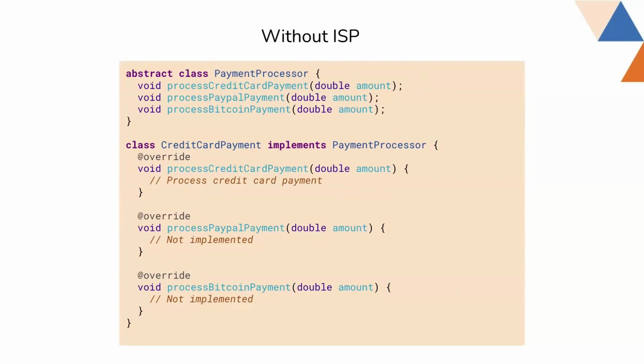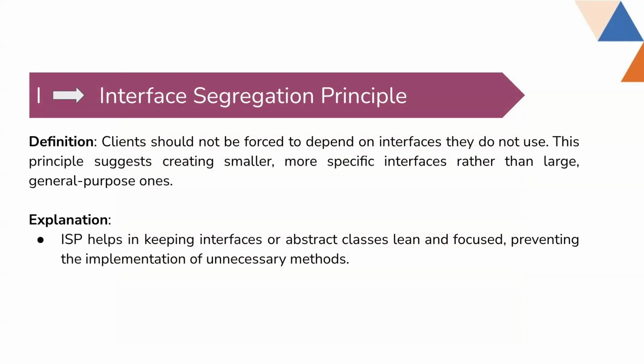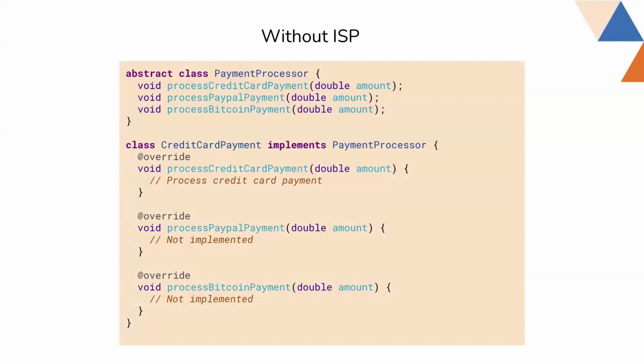When we use this abstract class as an interface and use implements, all three methods need to be overridden because of the abstract methods. So if someone wants to use only the credit card method, we have to also use the PayPal method and the Bitcoin method. That is not a good way, because the principle says it should depend on what they use, or at least the minimum use of the code.